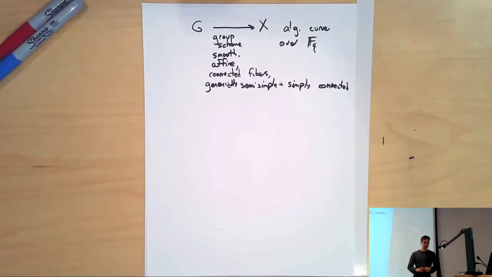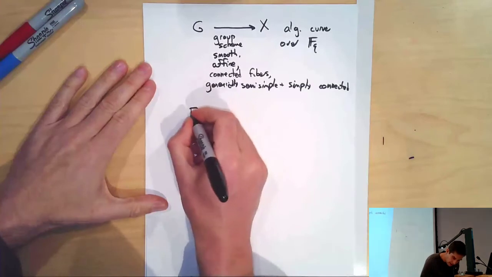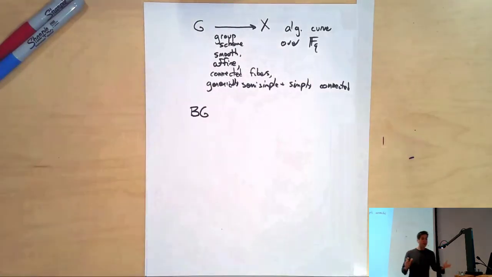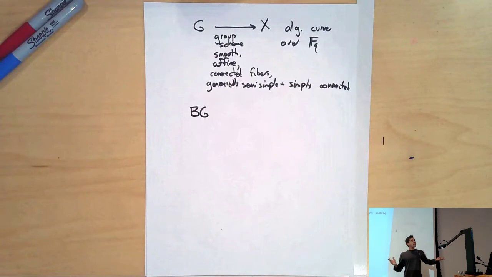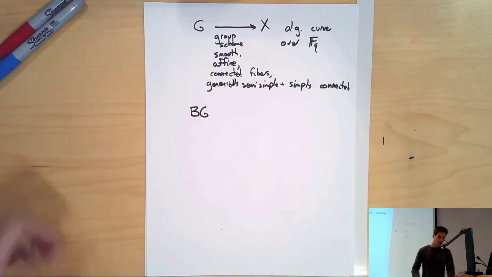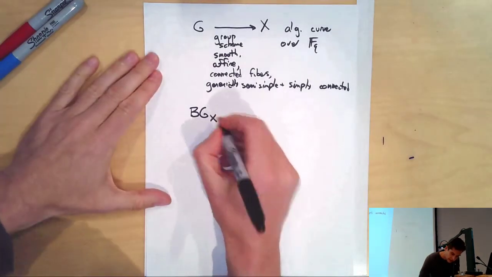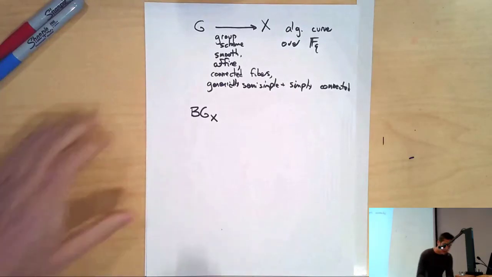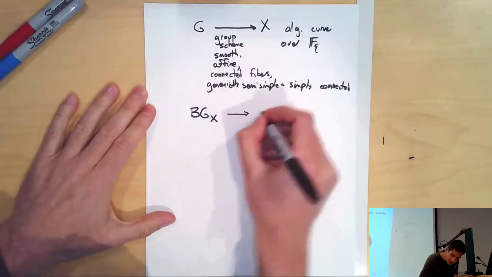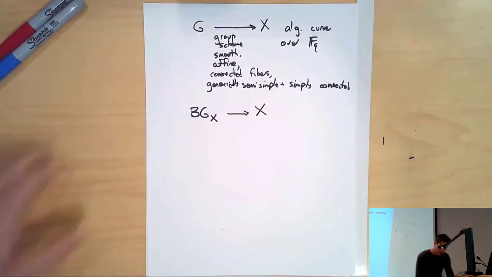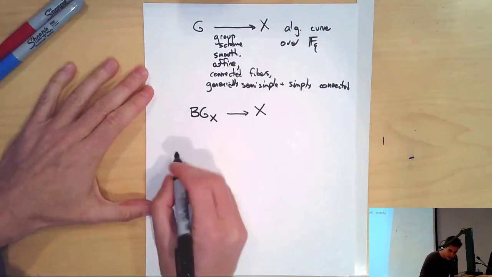Okay, so in this situation, I would like to apply what I've been saying over here, but not to the map from G to X. Instead, I would like to take the classifying stack of G. So G is a group scheme over X. I can take its classifying stack, taken in the world of algebraic stacks with a map to X. To emphasize that this is an object that lives over X, I'm going to call it BG_X. This is an object mapping to X. It's a stack, and it can be described as follows.